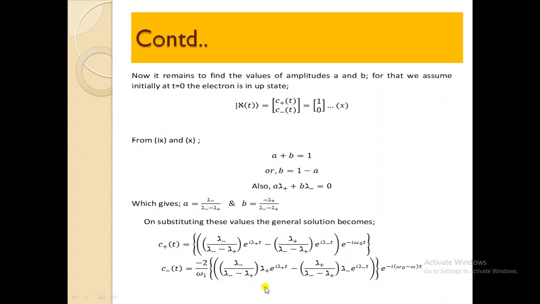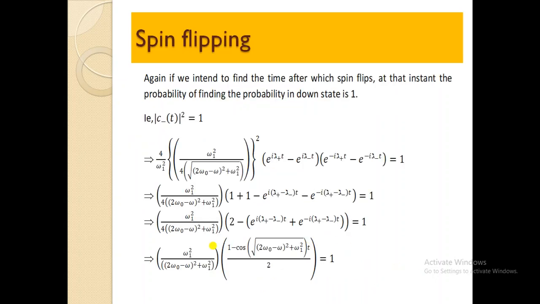Lambda minus lambda plus divided by lambda minus lambda plus, and in both equations the value would be the same, so we can write their square directly. So I have done the same here: lambda 1 lambda 2 divided by lambda 1 minus lambda 2 whole square. But how I have written this directly, omega 1 square divided by this.